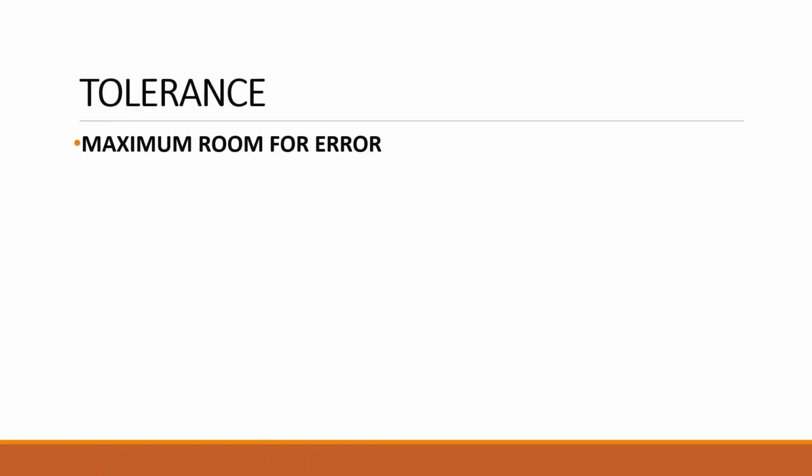Now students, tolerance also talks about the error in a particular garment. What is the maximum room for error? Error can be on the plus side or the minus side. Both ways this error can happen in measurement tolerances.